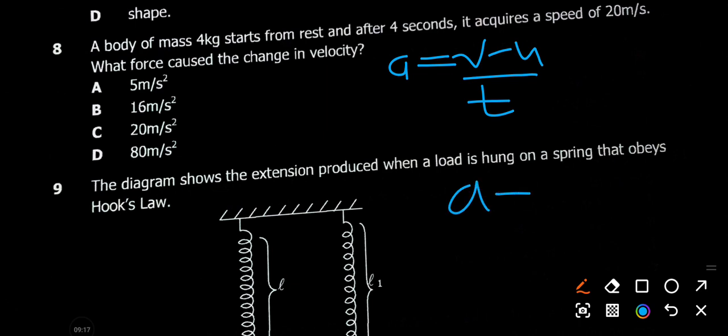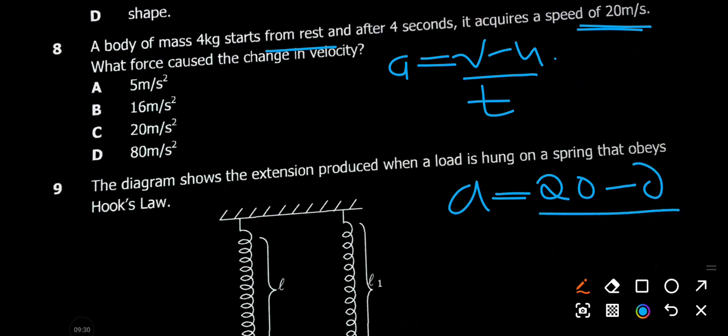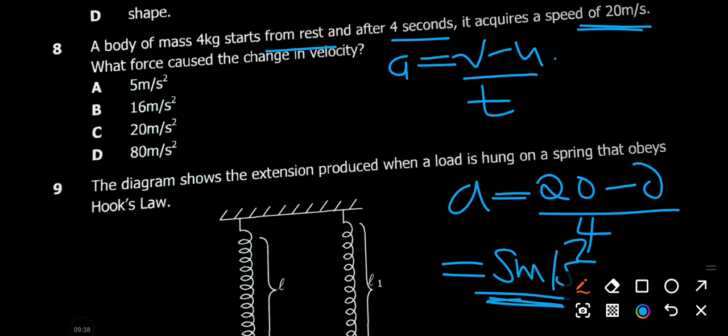So acceleration will be equal to v, which is the final velocity I'm given, is 20, and my u, since the question says starts from rest, meaning u is 0, and the time is 4 seconds, so my acceleration should be 5 meters per second squared, which is option A.